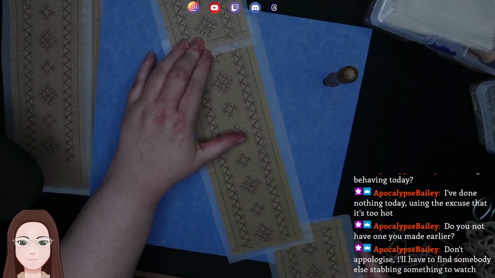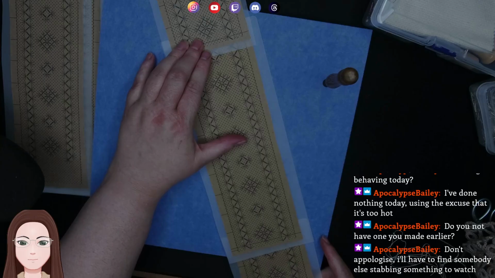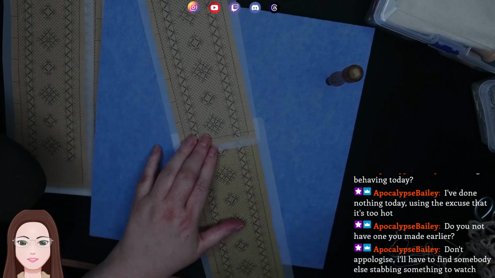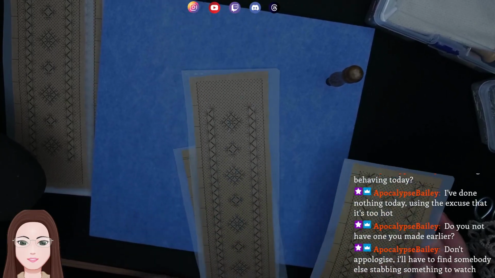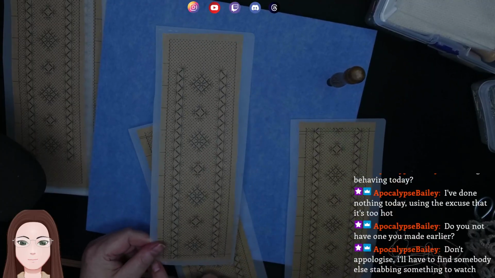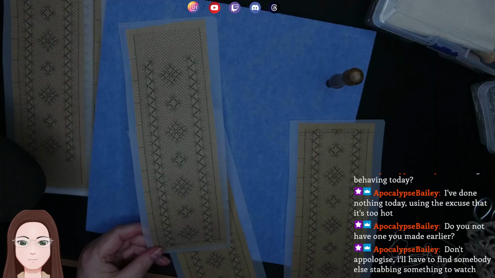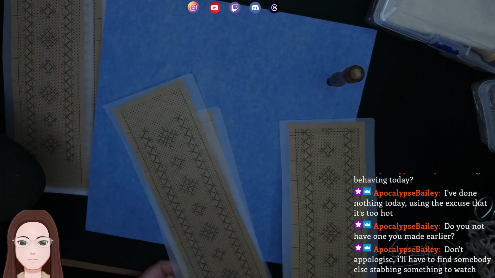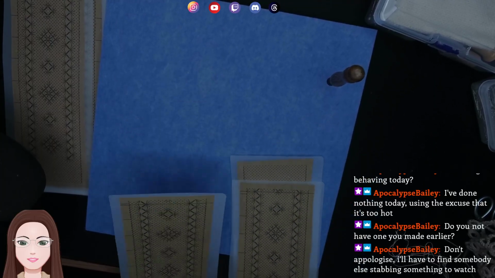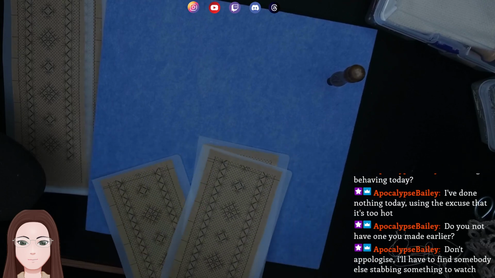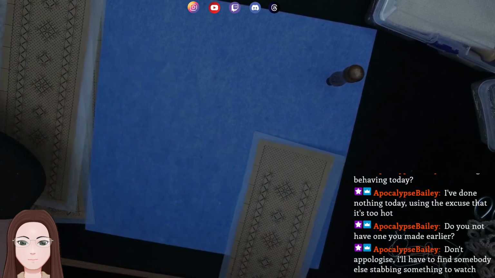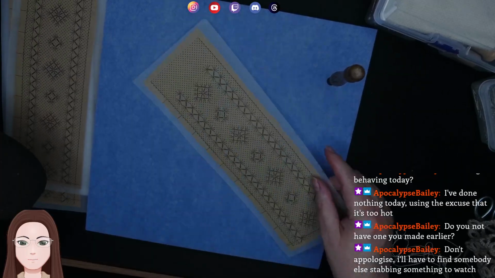So again, line up the lines. I might have to trim off this bottom bit, but to be honest, that's the least of my worries right now. Stabbing all the holes is the aim of the game.